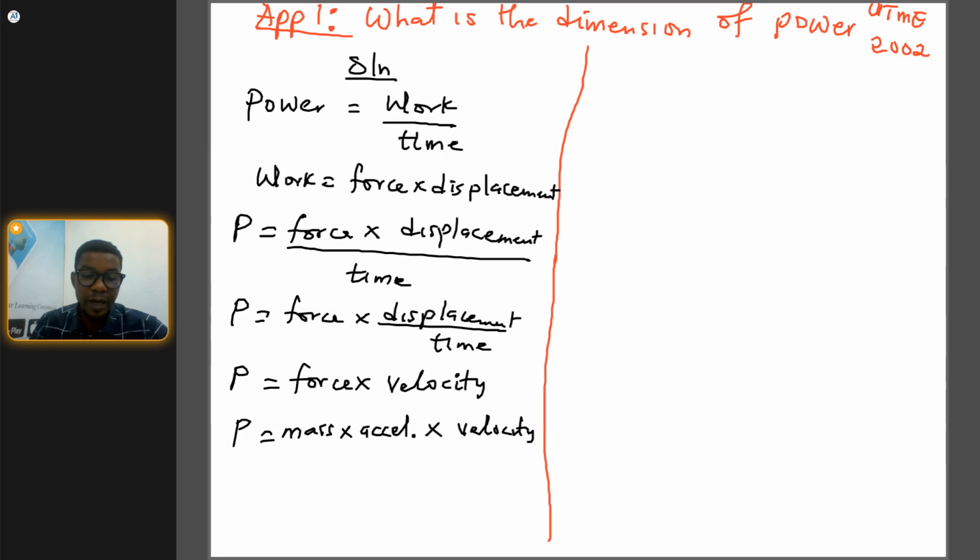So power equals mass times acceleration times velocity. So let's go ahead to simplify. Mass will still remain as mass, but acceleration is also velocity over time. So we have velocity over time.